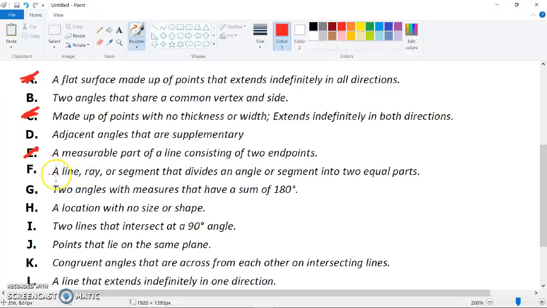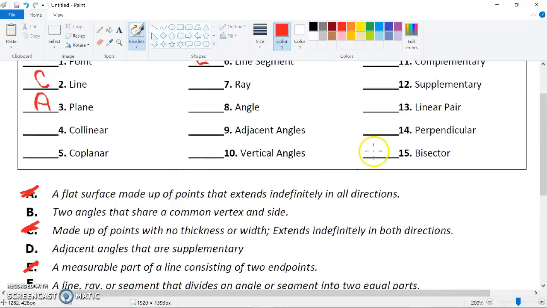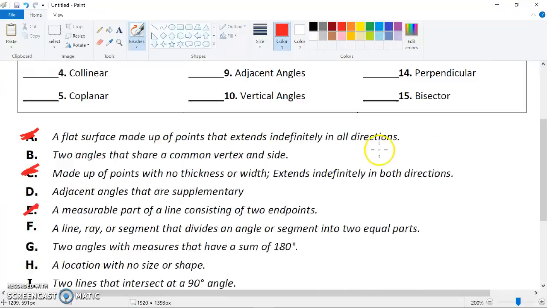I think I know F. A line, ray, or segment that divides an angle or segment into 2 equal parts. And that is bisector. So 15 is F.